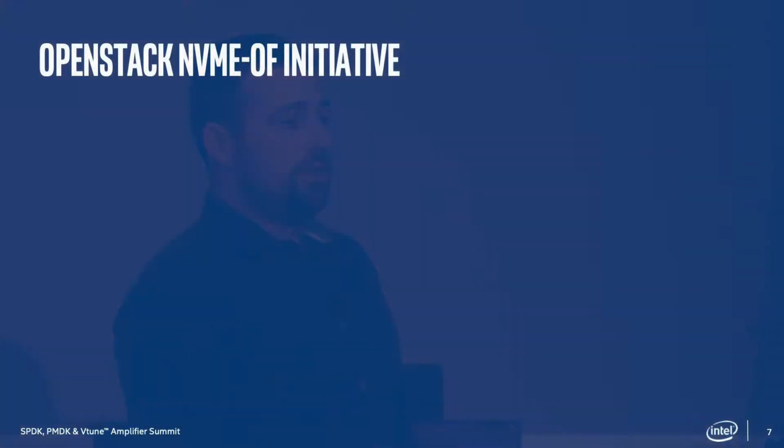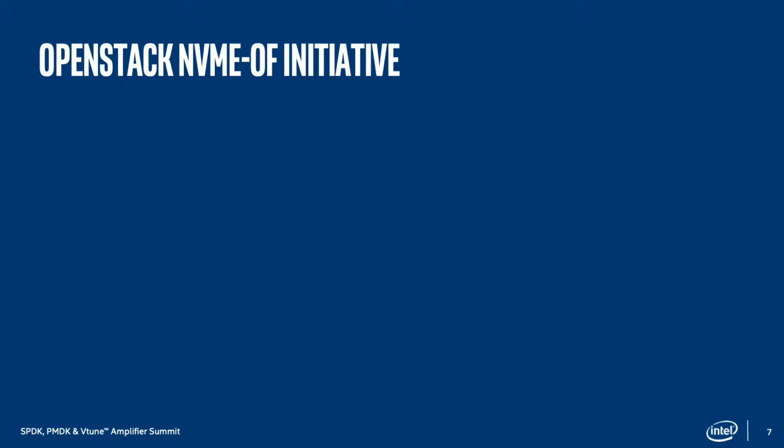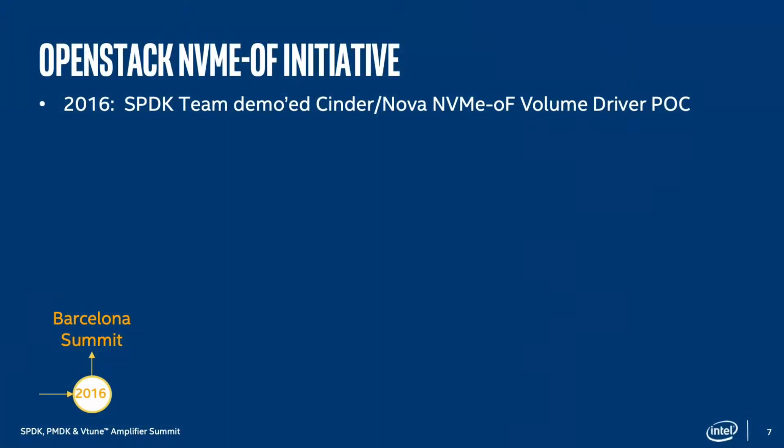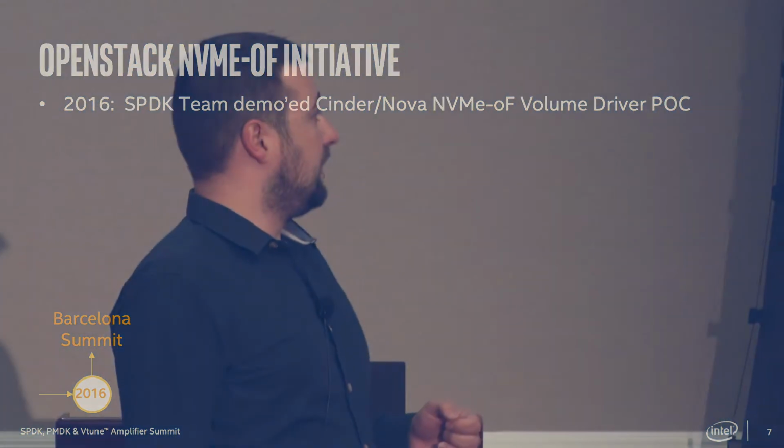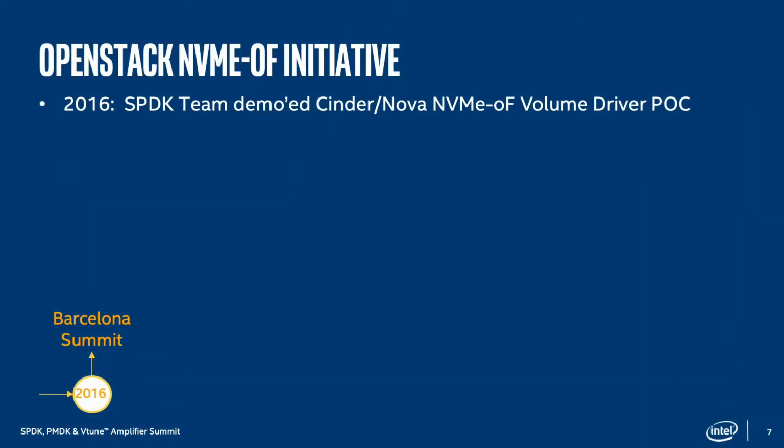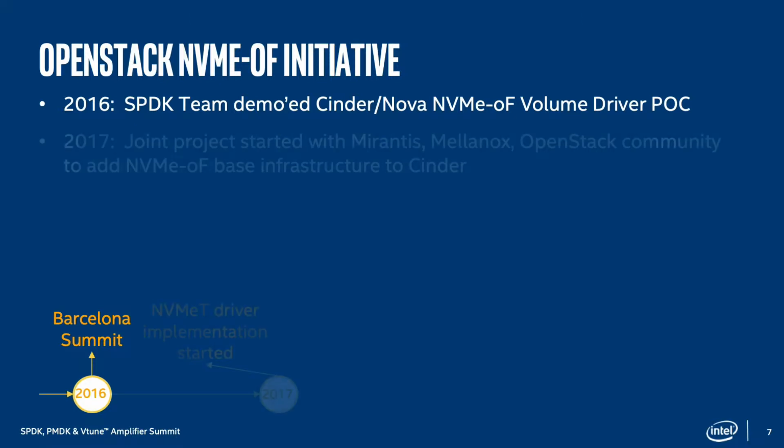Now that we know what OpenStack is, let's talk a little bit about the history behind adding integration of SPDK and OpenStack. In 2016, the SPDK team created a proof of concept of SPDK working together with Cinder and Nova using an NVMe over Fabrics RDMA target, and it was presented at the OpenStack Summit in Barcelona.